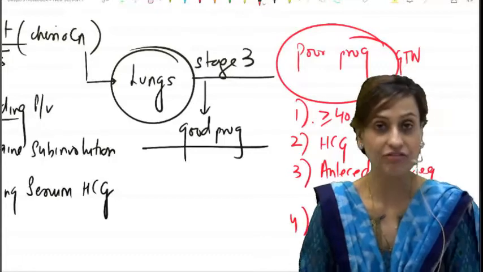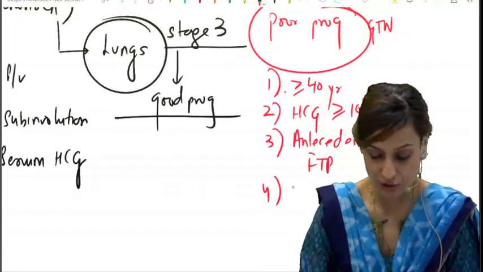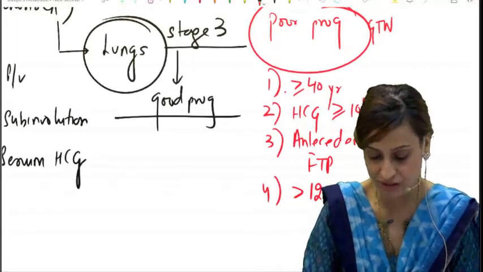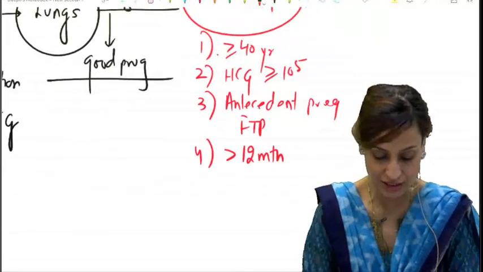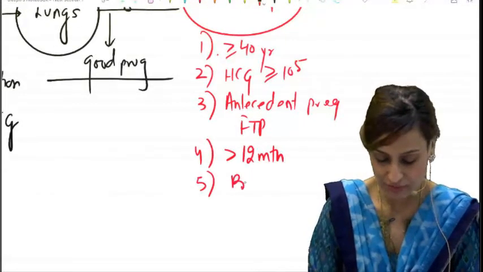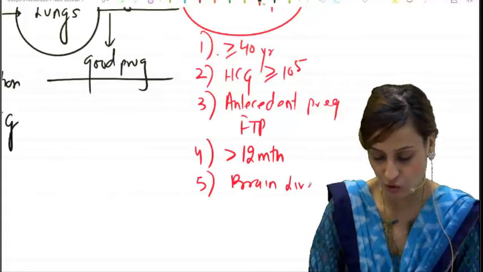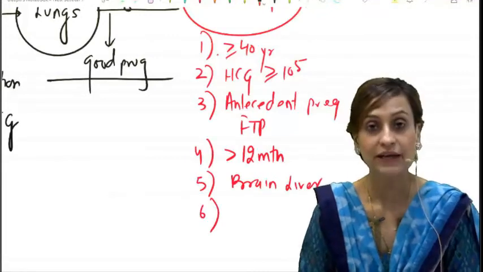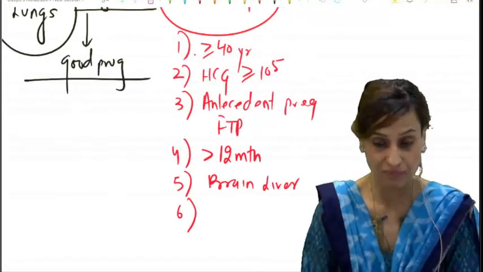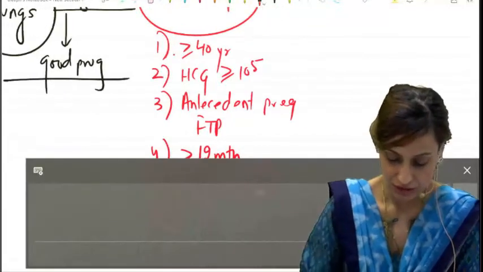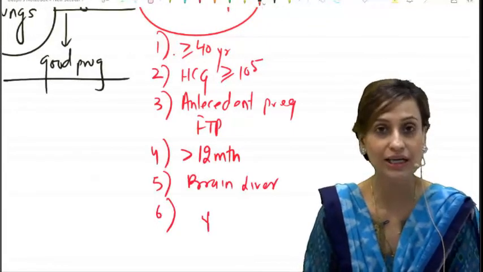Fourth, if you have made a diagnosis of choriocarcinoma beyond 12 months from the antecedent pregnancy, right? If you are seeing metastasis to brain or liver, or if the patient was a previous case who's received multi-agent chemotherapy.